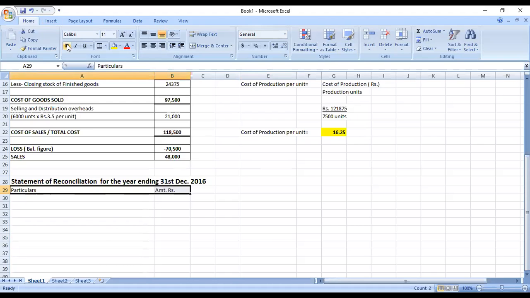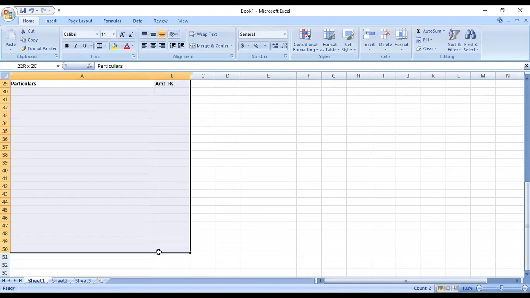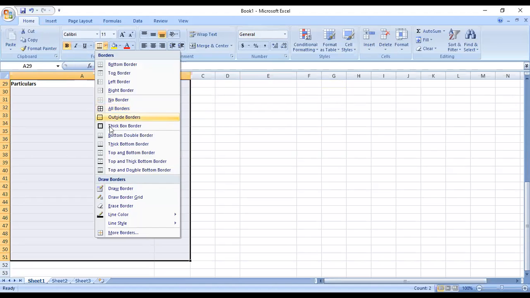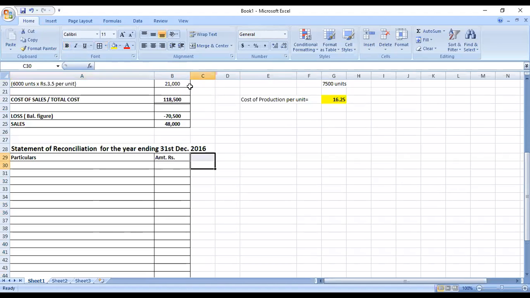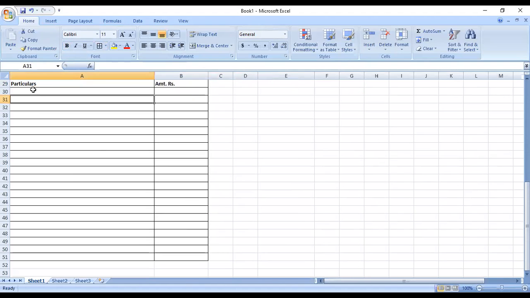Okay. In this case, very simple statement. Now the profit is given to us. Therefore, we consider net profit.